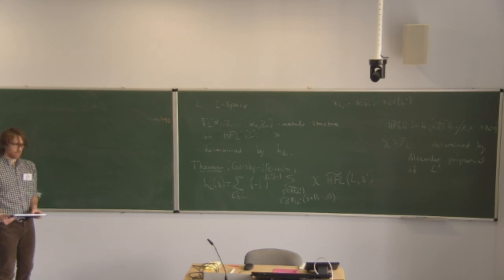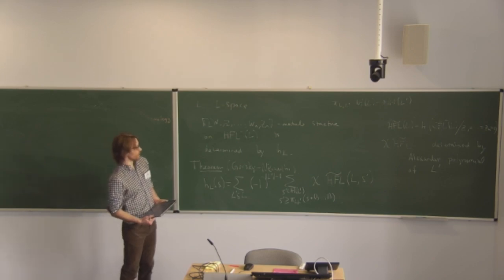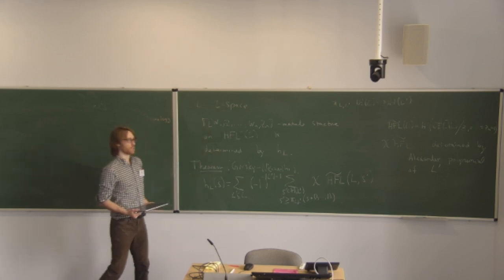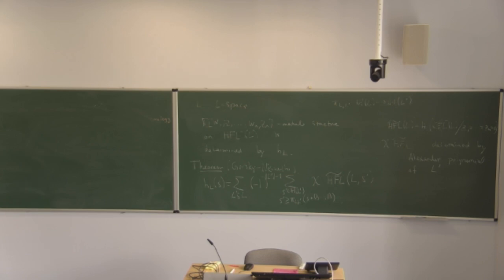Okay, so I think what I want to do now is some examples of what you get when you run all this machinery. Maybe I'll talk about T(n,n).